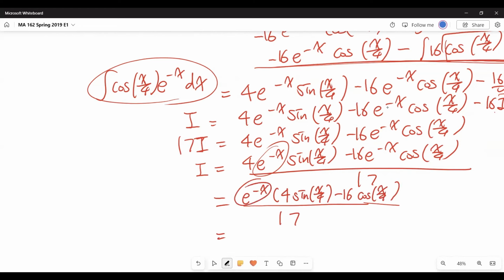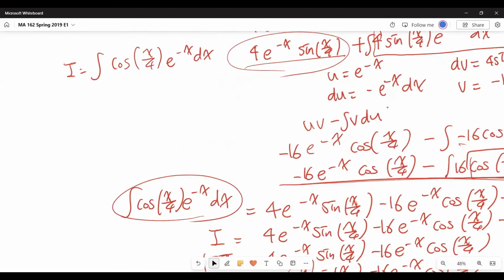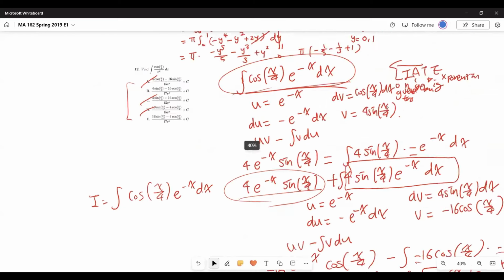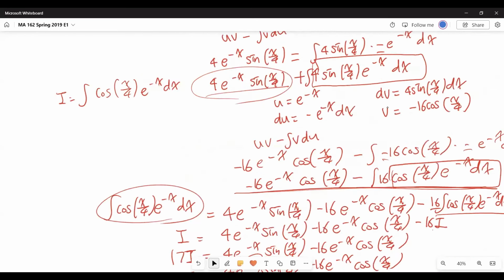And since e to the negative x has a negative sign in front of the power, you can put it in the denominator and get rid of the negative sign. So this becomes 4 sine x over 4 minus 16 cosine x over 4, over 17 e to the x, which is equal to our answer choice B. So the answer for this question is B.